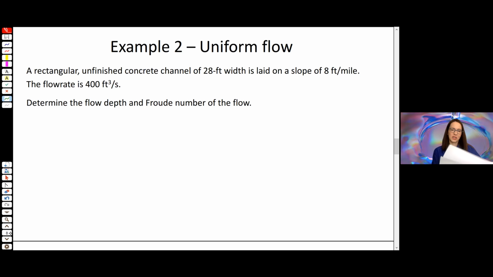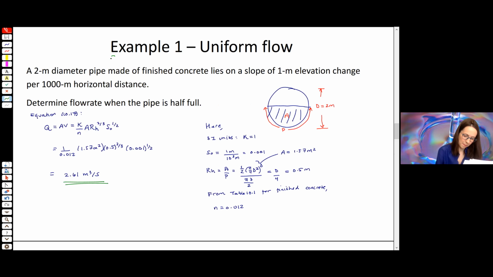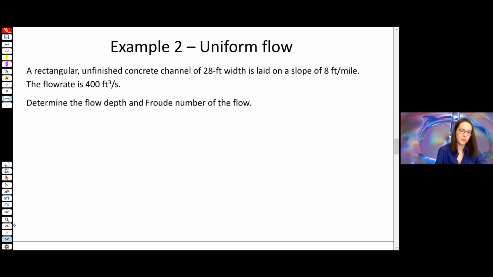The last one that we looked at was 1036. So let me actually note that. Okay, so here we have a rectangular unfinished concrete channel of 28-foot width, laid on a slope of 8 feet per mile.